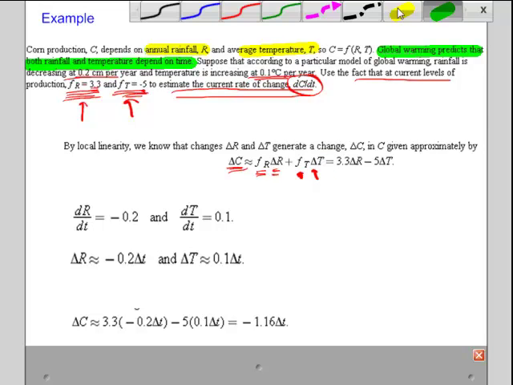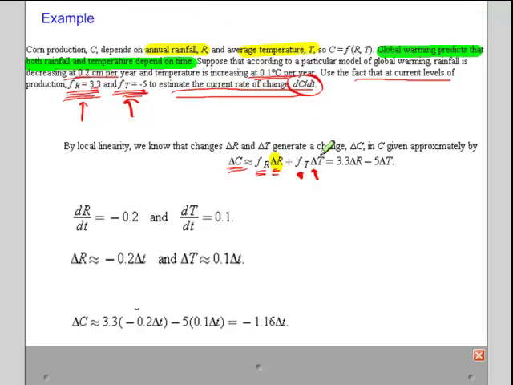But where are these changes in rain and changes in temperature coming from? Well, those are coming from time. And we know that delta R is -0.2 because of climate change. And delta T is 0.1. So temperature is increasing, rainfall is decreasing.